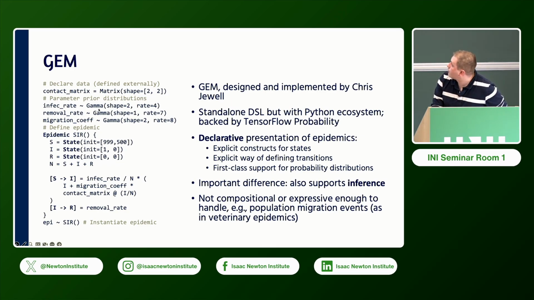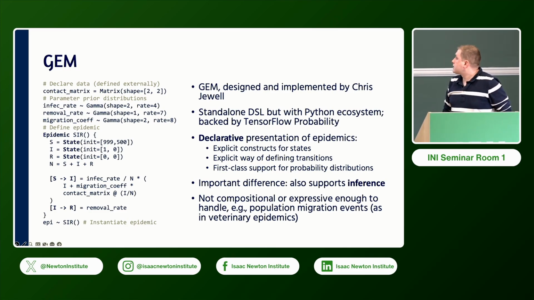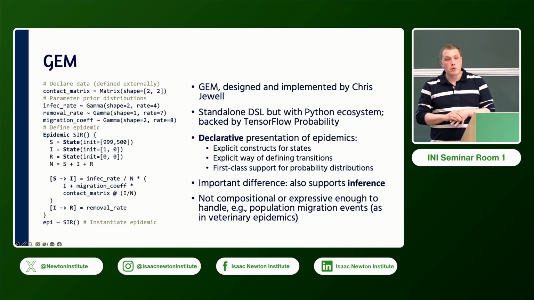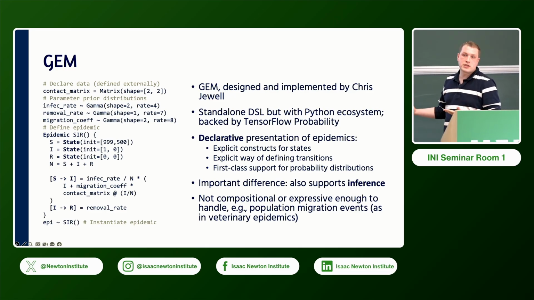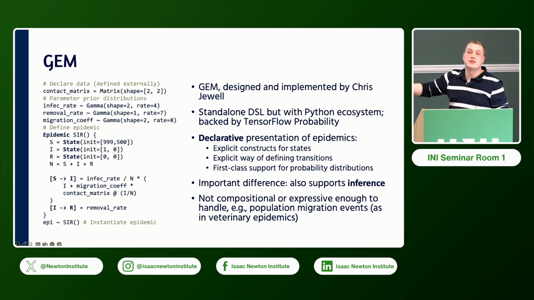So we can sample from the gamma distribution here, for example. And the important thing for the GEM language that the other ones don't have is, as well as supporting forward simulation, GEM actually supports some actual inference as well.